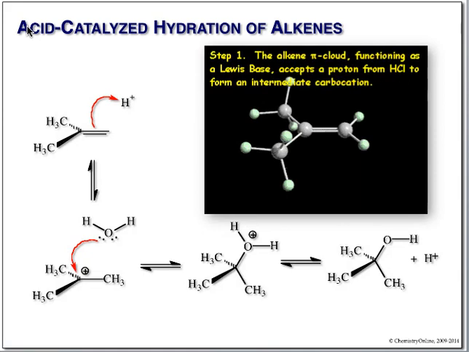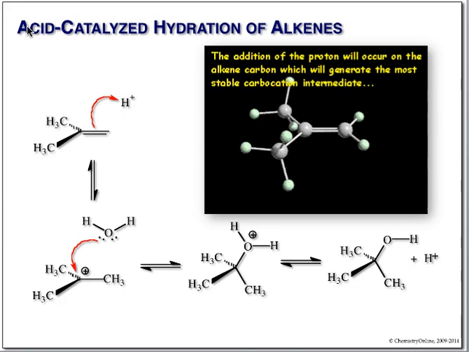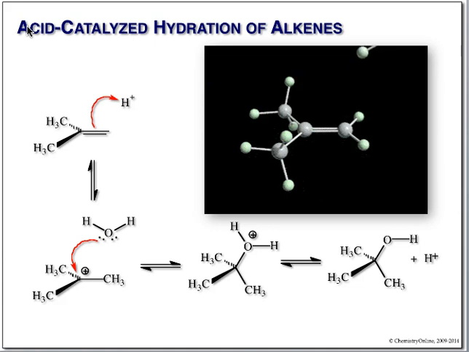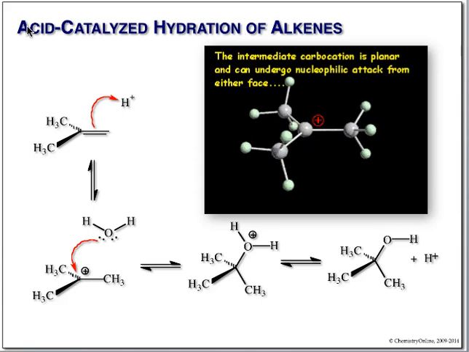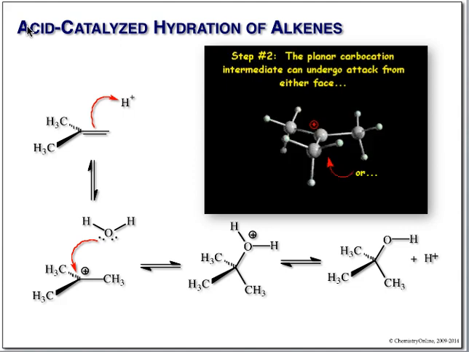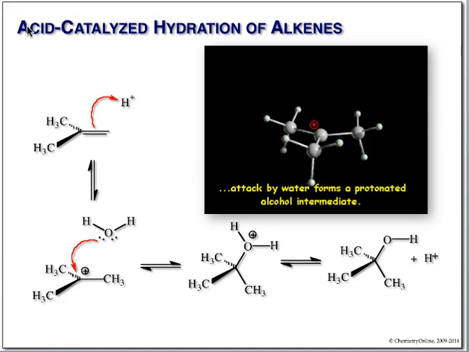Step one, we protonate our pi cloud, and we form the most stable carbocation, right here, our tertiary center. Step two, the water is now going to attack from either face.